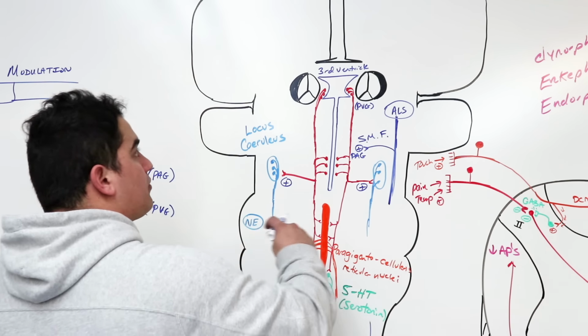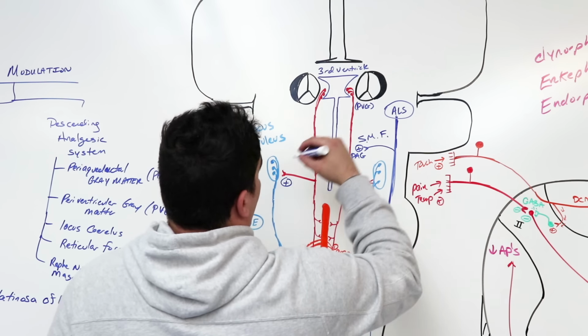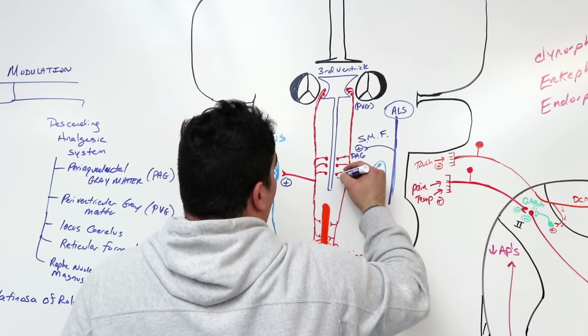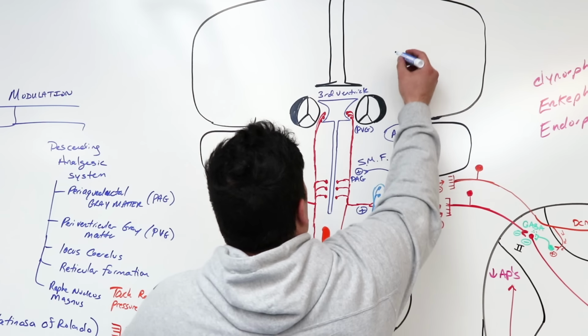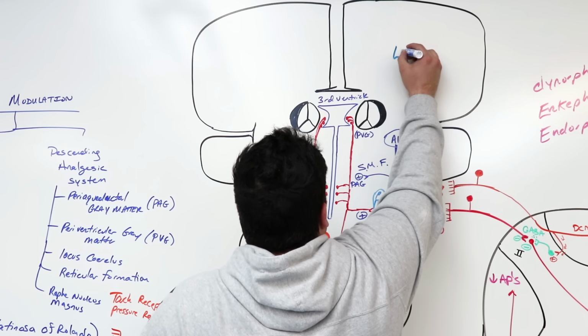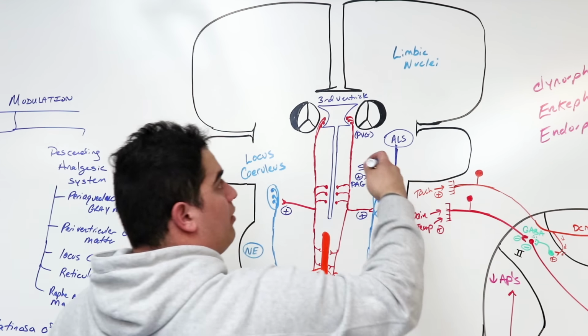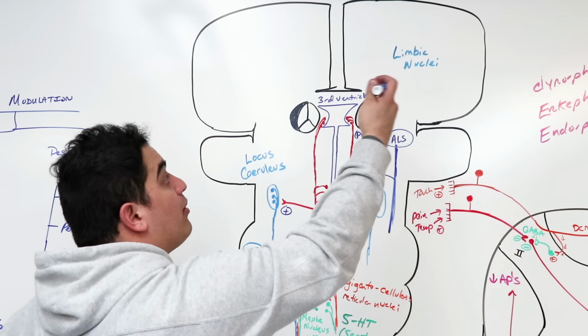What else? Higher brain structures. What kind of structures? Some of the structures that can influence the periventricular and the periaqueductal gray are the limbic nuclei. For example, the cingulate gyrus, the insular cortex, the hypothalamus.